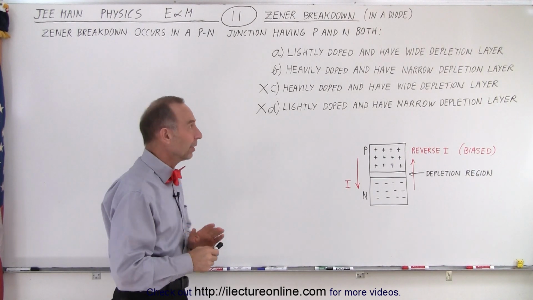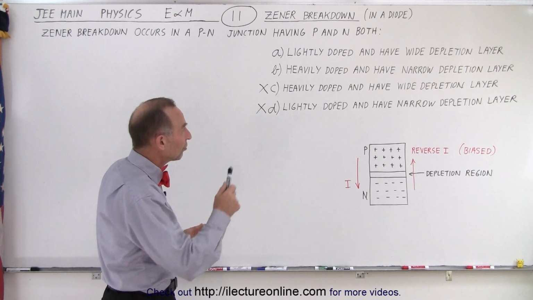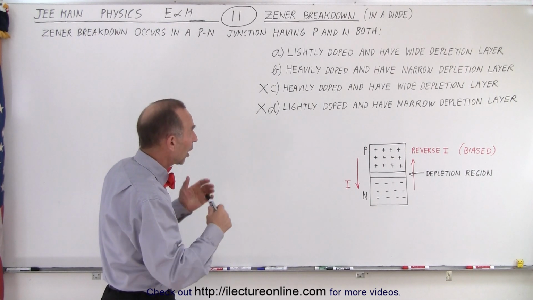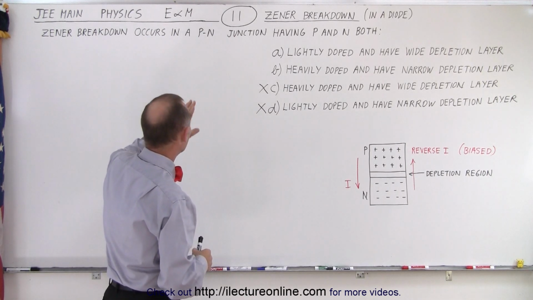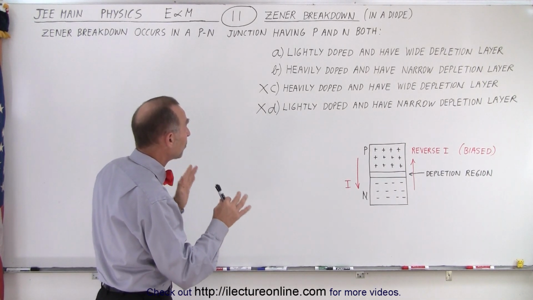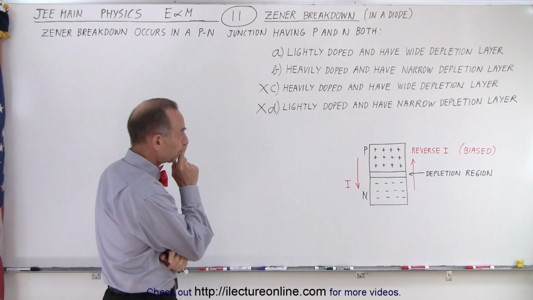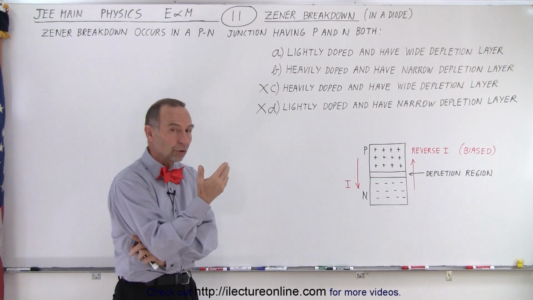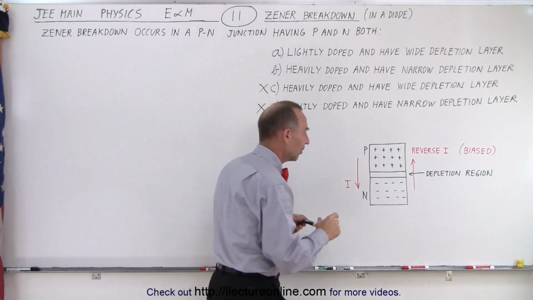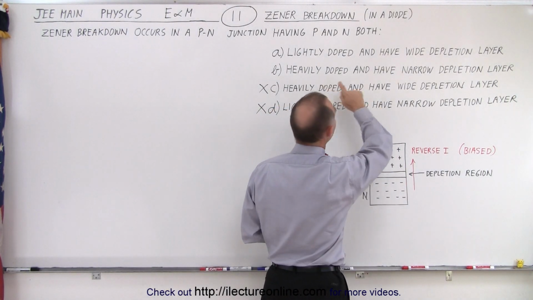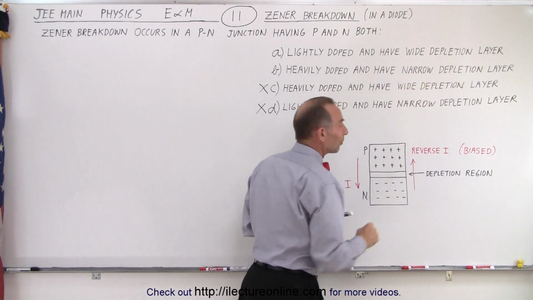Now, the second part. Which of these 2 are we dealing with, and what would be important? Zener breakdown occurs in a PN junction having P and N both, so does it have to be heavily doped or lightly doped? Essentially, that's the question. When it's heavily doped, the depletion layer becomes narrow.